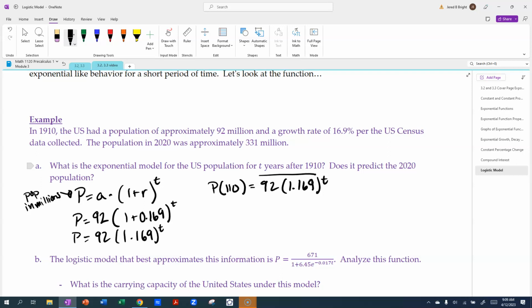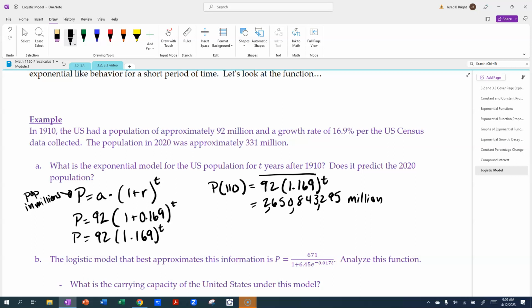I get a very big number. So let's see, this is 26508433295. And then this would be million. Okay, so I don't think this is a good model.